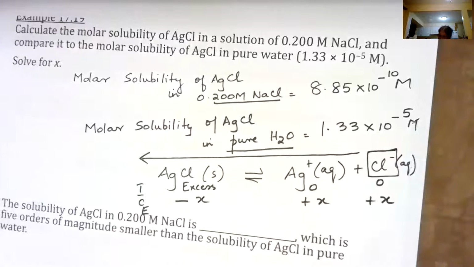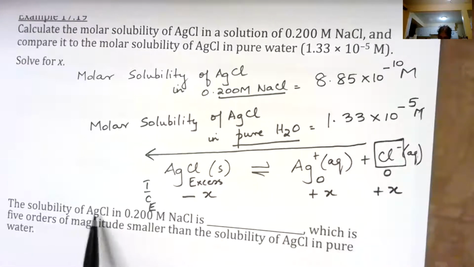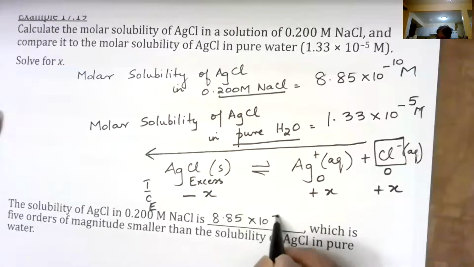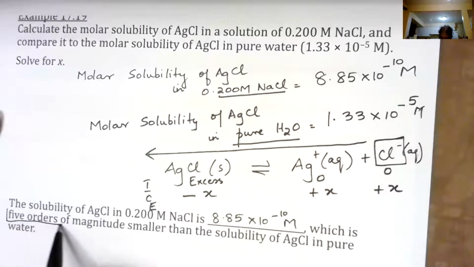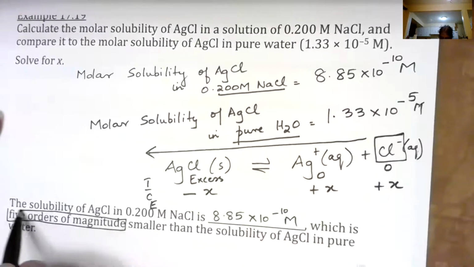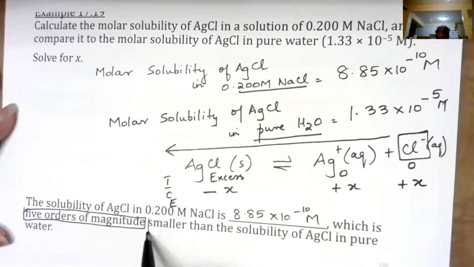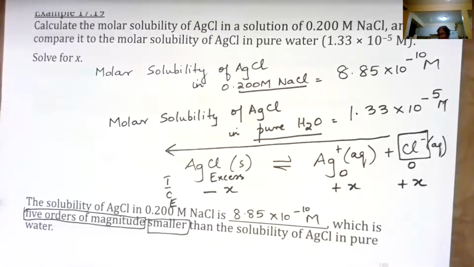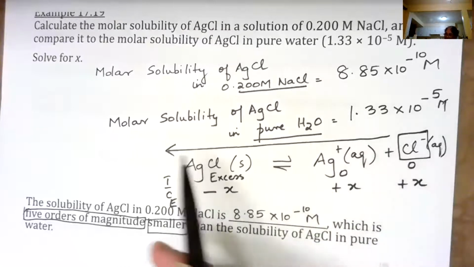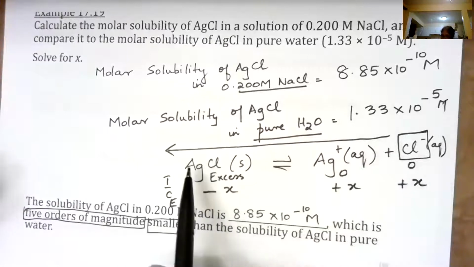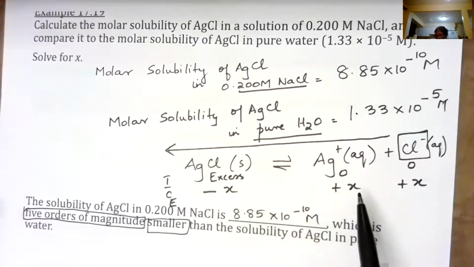So that's what we are proving here. The solubility of AgCl in this is 8.85 times 10 to the negative 10 molar, which is about 5 orders of magnitude smaller. So the solubility is decreased. You're not letting the AgCl solid go into solution.